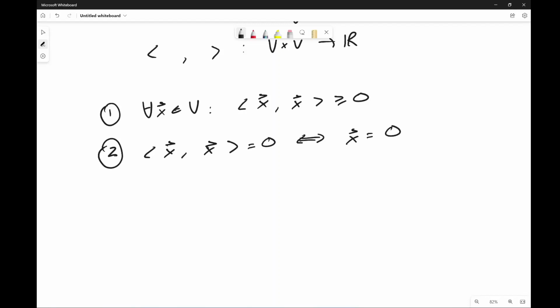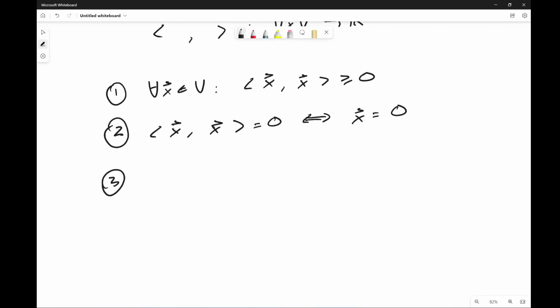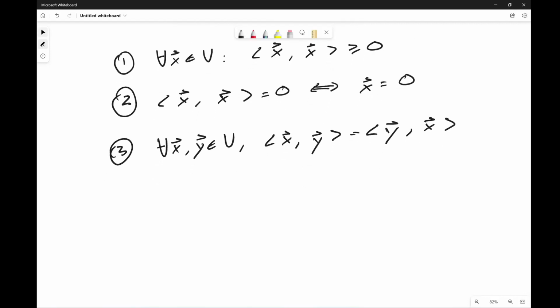And third, we know that for all x and y, which are vectors that belong to this vector space, the inner product of x and y is equal to the inner product of y and x.